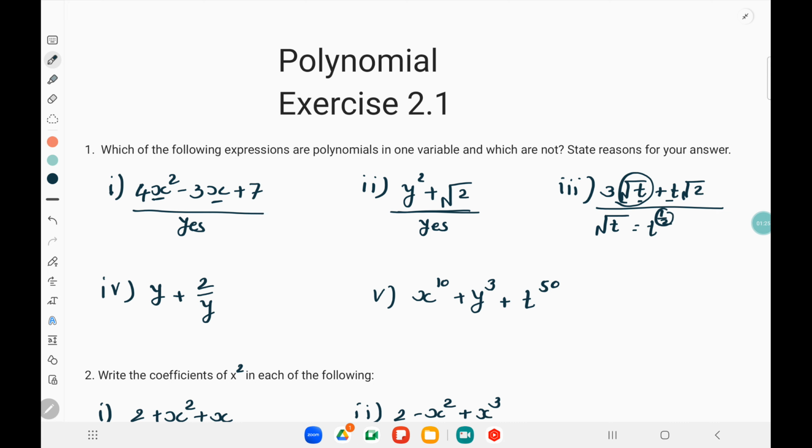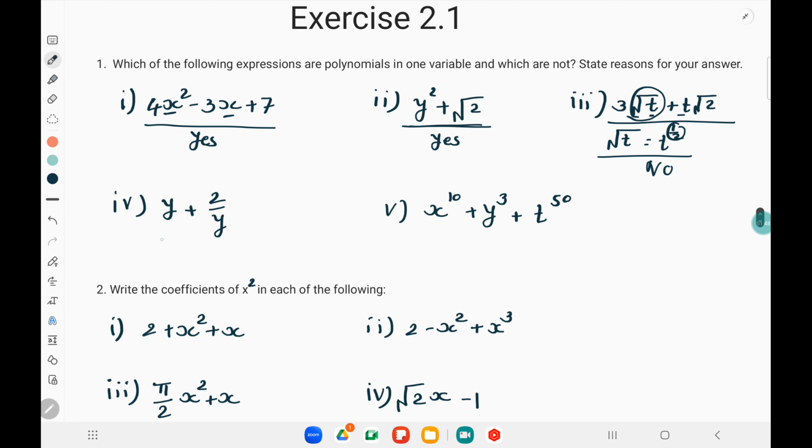When we did the introduction, I told you if the power is not a whole number, it is not a polynomial. So this is not a polynomial, and then it doesn't matter whether it is one variable or not. So the answer is no, because t has a power of half and it is not a whole number. Okay, let's move to the next question.